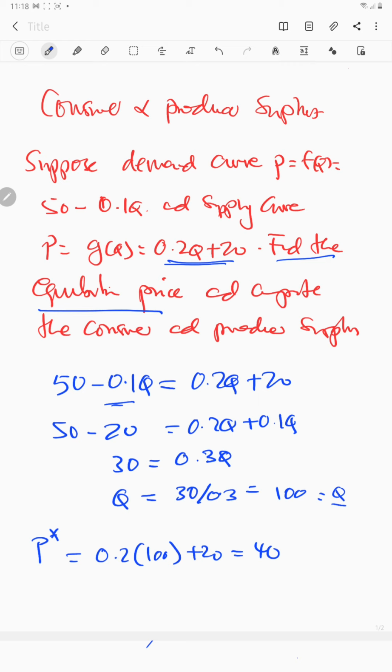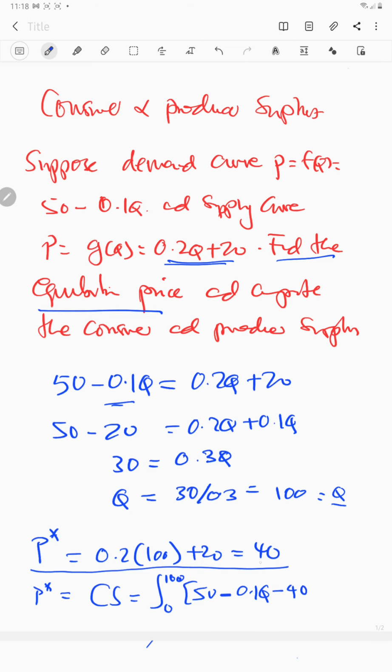Having done that, we have the 40. P star in this case is the equilibrium price. If I want to get the consumer surplus, it is the integral from 0 to the maximum of production, which is 100, of 50 minus 0.1q, minus 40, because this 40 is the one obtained here.